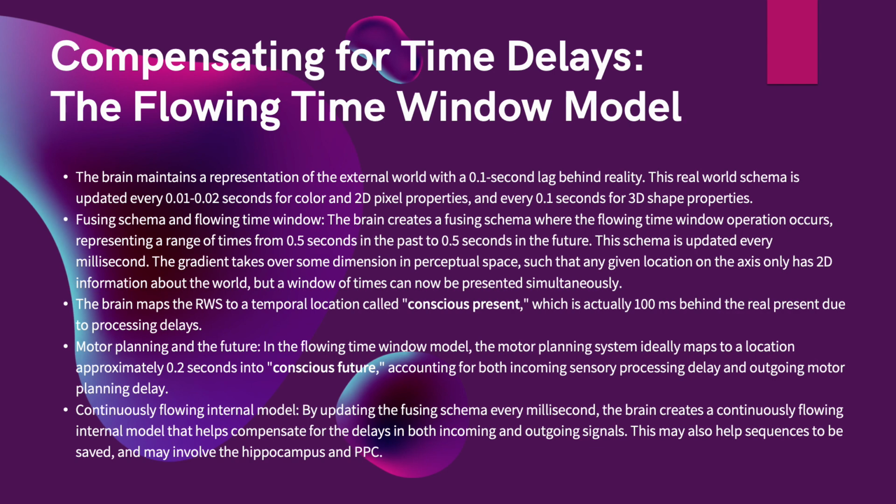But starting from what's called the conscious present, you would go 0.2 or 0.25 seconds into the conscious future, map that location on the time window to your motor output so that you always get the right timing, and you don't get this lag between what you think and what your body actually does.